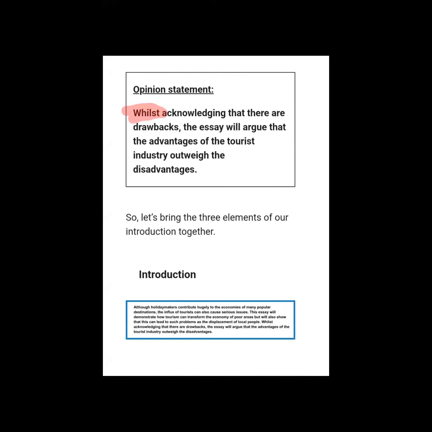It's better: whilst acknowledging that there are drawbacks, the essay will argue that the advantage of the tourist industry outweighs the disadvantages. So now in our essay, we are of the opinion that the advantage outweighs the disadvantage.